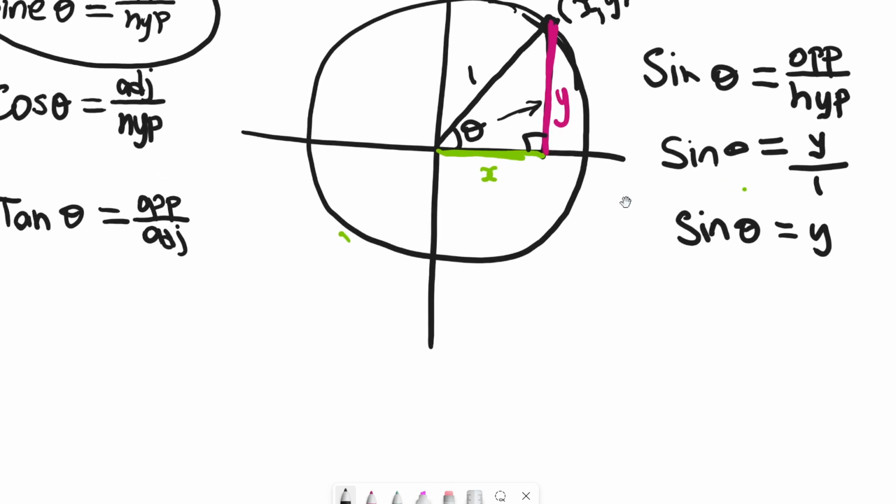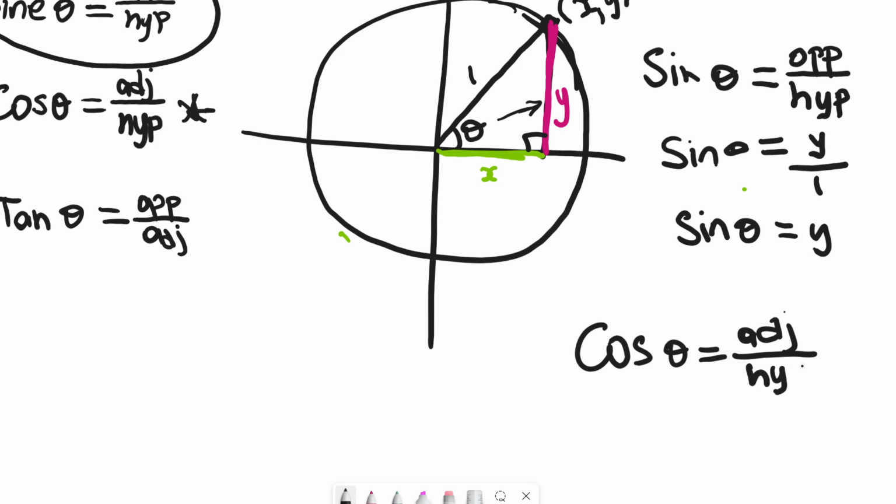Now let's look at what cosine of theta would be. So cosine of theta, like we said here, is going to be the adjacent side divided by the hypotenuse, right? The adjacent side divided by the hypotenuse. Now, in my triangle inside the unit circle, the adjacent side is actually x, right?